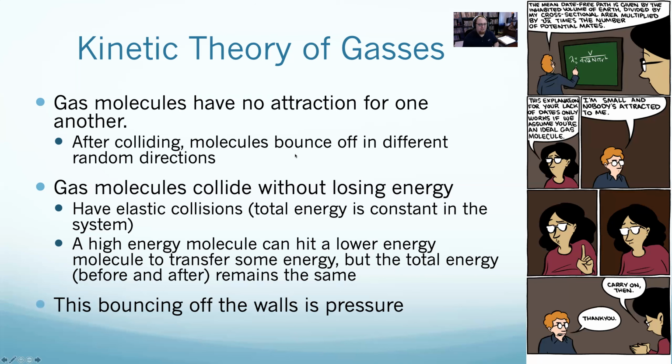That is called pressure. When you put gas inside something, the molecules are whizzing around, and every time they hit the wall of the chamber they're in, they ram into it and bounce off. And every time they do, they push on the walls a little bit.